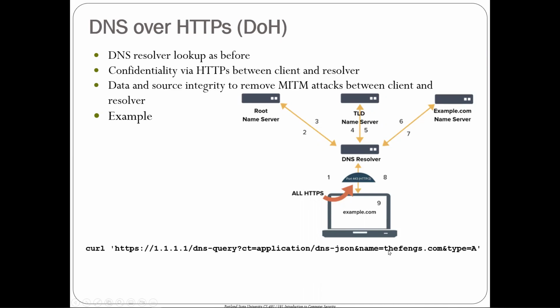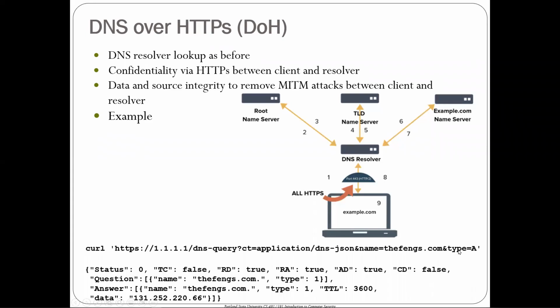I want to look for this domain with this DNS record type. And as a response, you would get some JSON, and you would get this A record to be 131.252.220.66. Okay, so that's DNS over HTTPS.